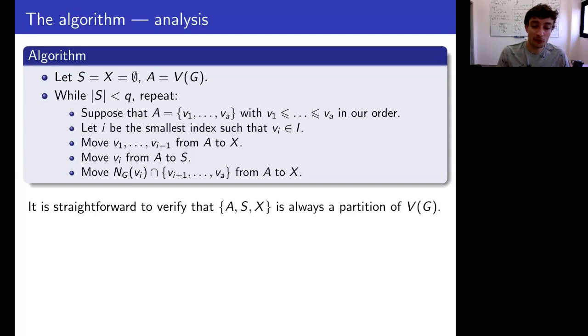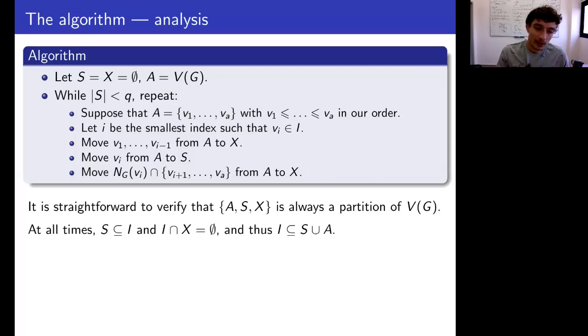In the first step, it's rather straightforward to verify that A, S, X is always a partition of V of G. Note that in every step of the algorithm, we're just moving the vertices between the sets. We always move a vertex from A to either S or X. Second, at all times, S is a subset of I. Indeed, we only move to S vertices that are in I. And moreover, I and X have empty intersection, right?